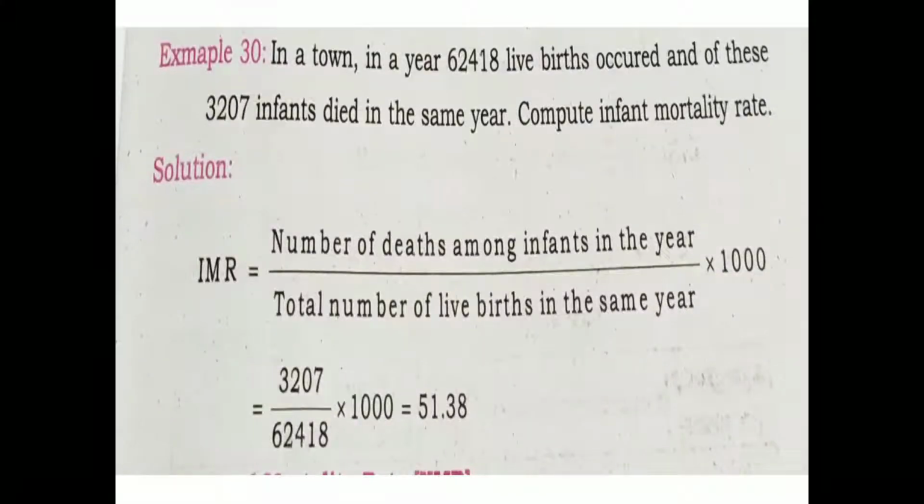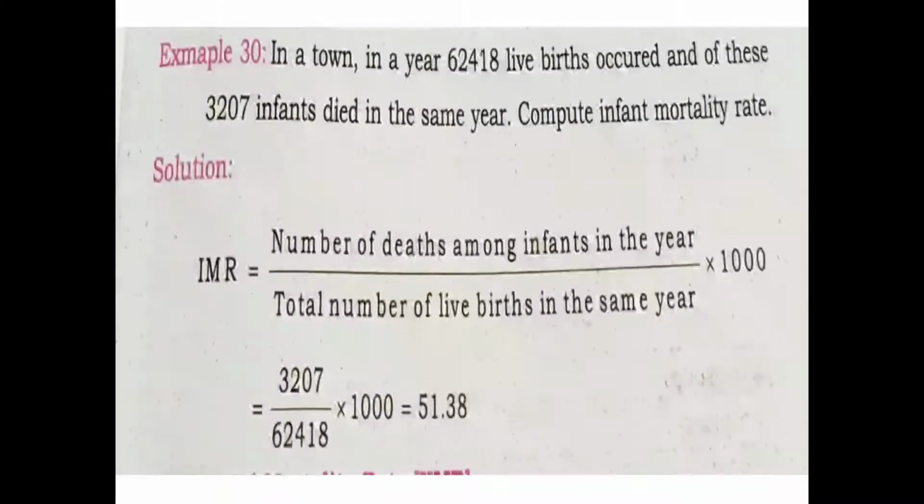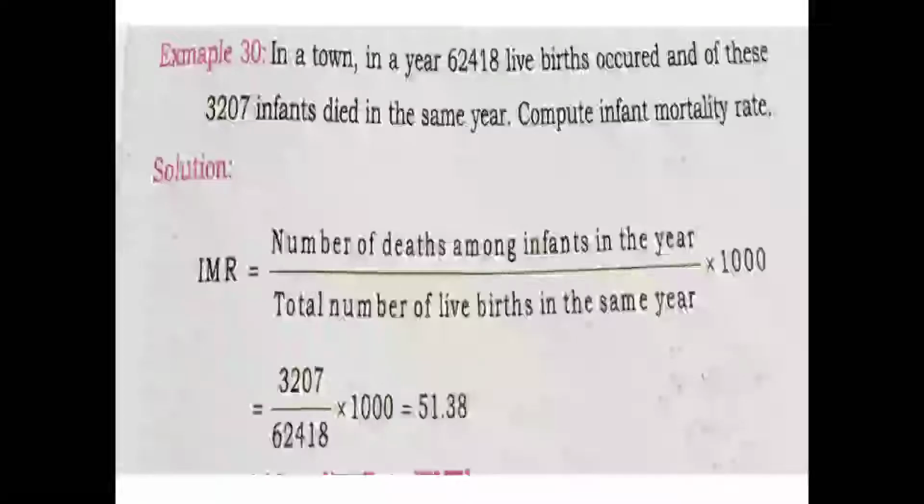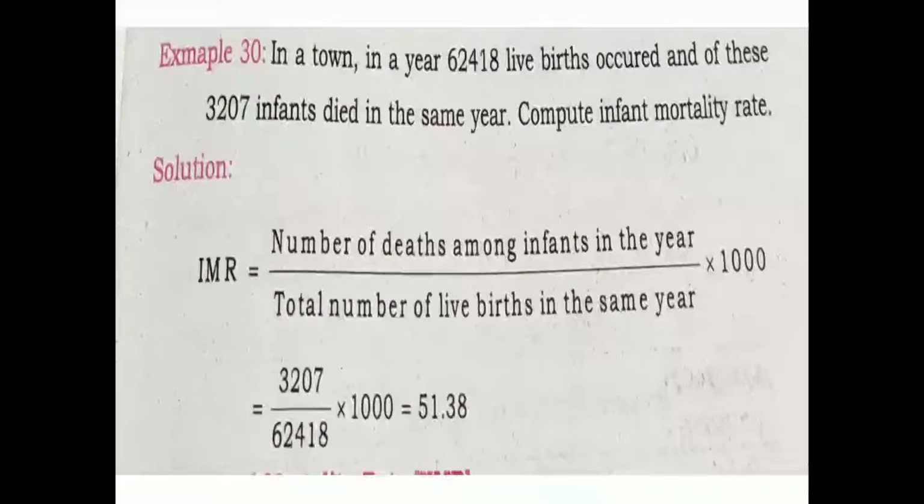IMR is equal to number of deaths among the infants in the year divided by total number of live births in the same year into 1000. So the number of deaths is 3,207 divided by total live births, 62,418, into 1000, which is equal to 51.38.